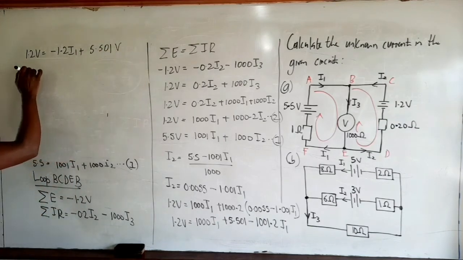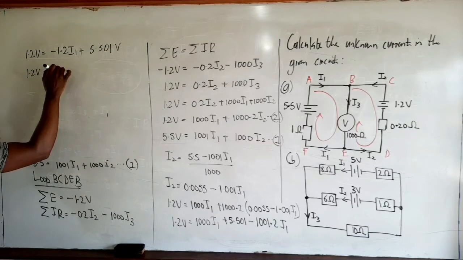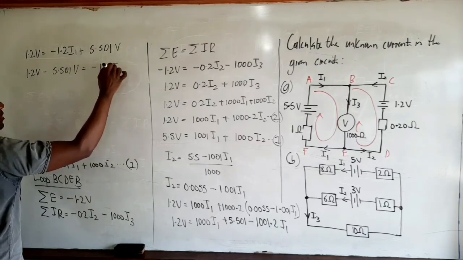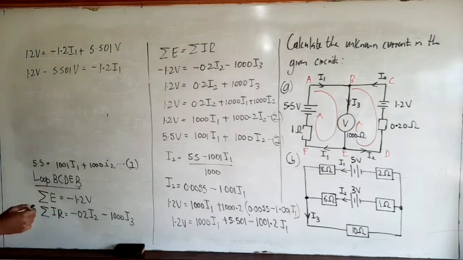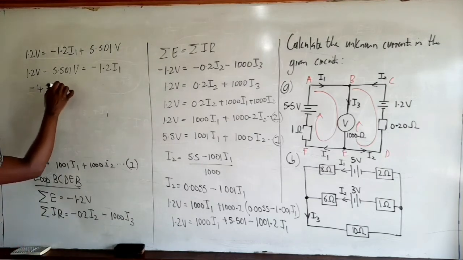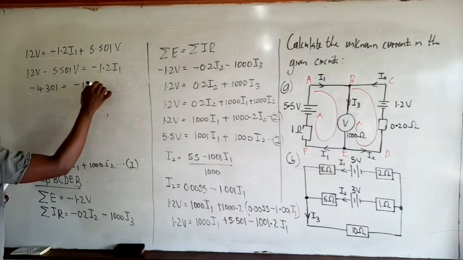So 1.2 volts minus 5.501 volts is equal to minus 1.2 I1. And so we get, I'll work that out, 1.2 minus 5.501, we have minus 4.301 equals minus 1.2 I1.